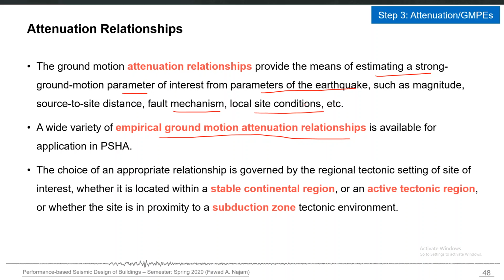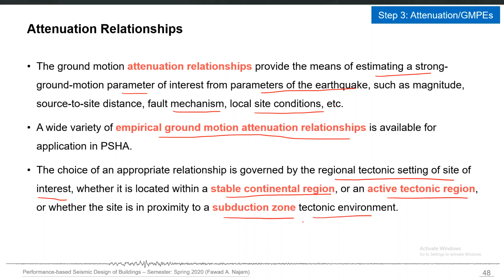And the most important governing parameter for their selection is the regional tectonic setting of the site of interest, whether it is located within a stable continental region or an active tectonic region, or whether the site is in proximity to a subduction zone tectonic environment.